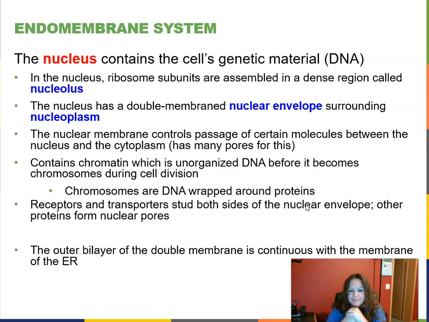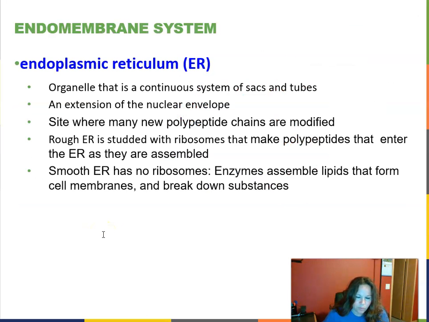Then there's also receptors and transporters on the nuclear envelope that are going to help things move across. And the outer bilayer of the double membrane is continuous with something called the ER, the endoplasmic reticulum, which we'll look at next right here, the ER.